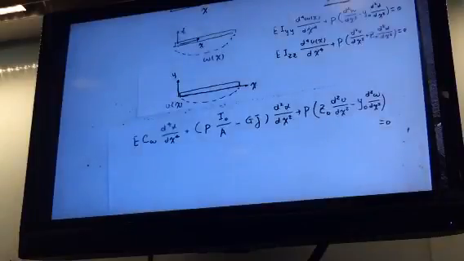This is the third equation. You will see many constants there. I'm going to explain the meaning of C_W, what is I0, what is A, what is GJ. These are the three governing equations because you have three unknowns to solve: V(x), W(x), and alpha(x).